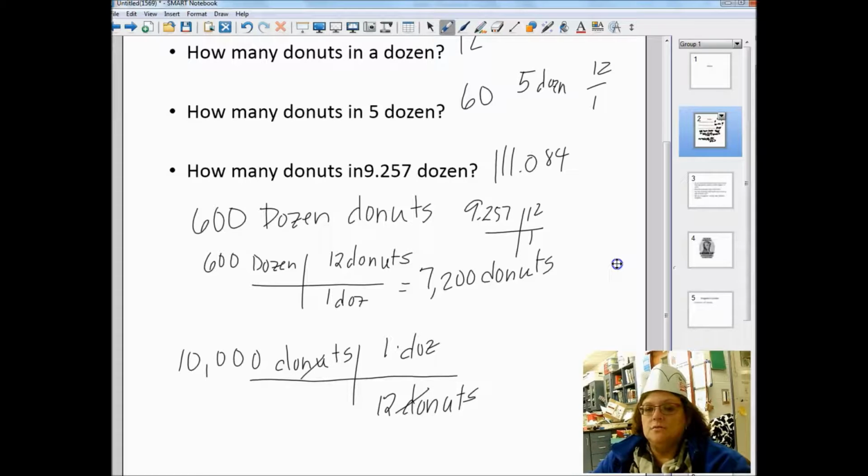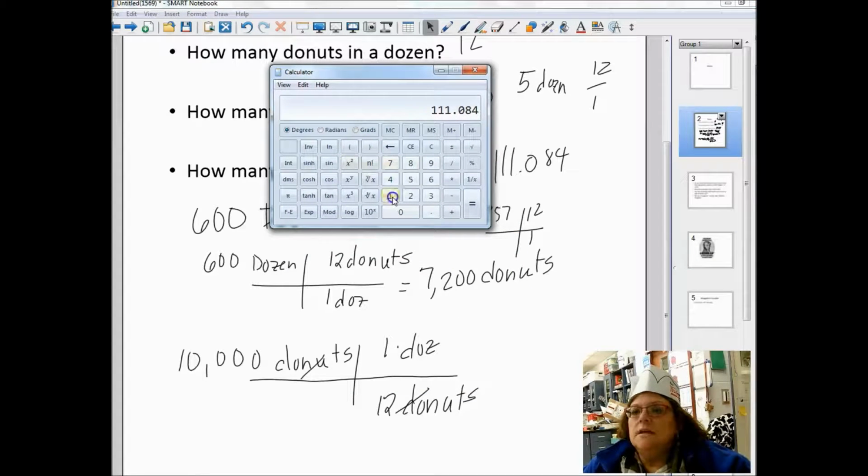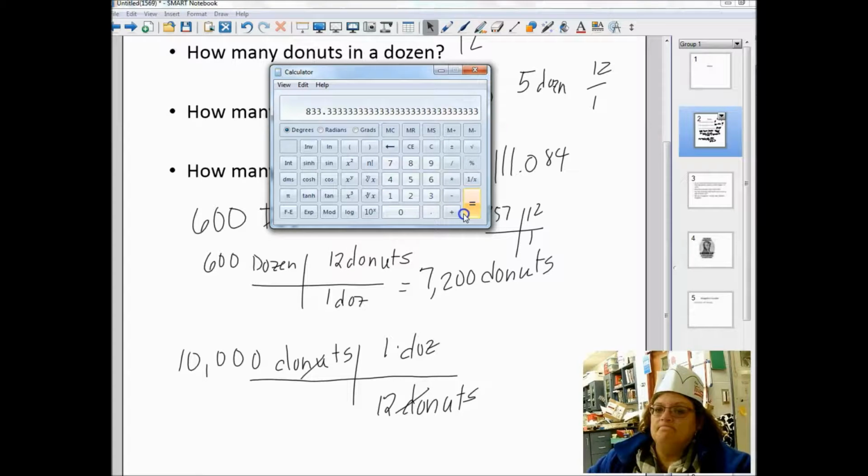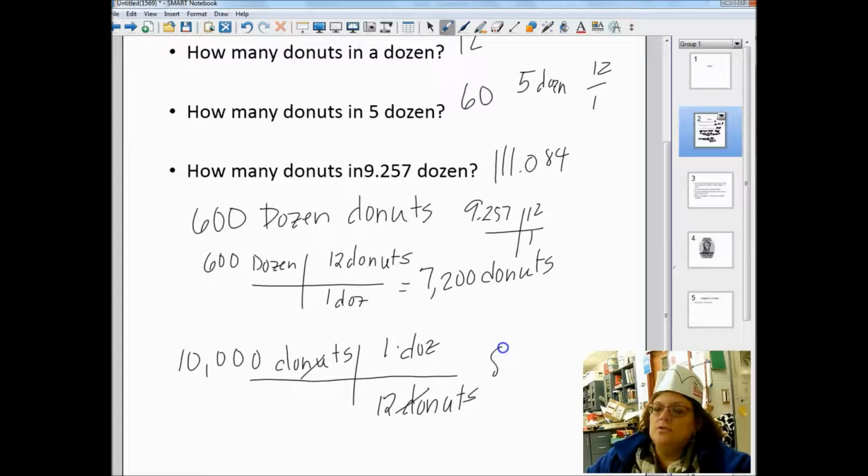Well, we have to divide. 10,000 divided by 12 gives us 833 dozen. So if Hertz Donuts would have wanted to bring 10,000 donuts to Olathe, they would have had to bring 833 dozen.